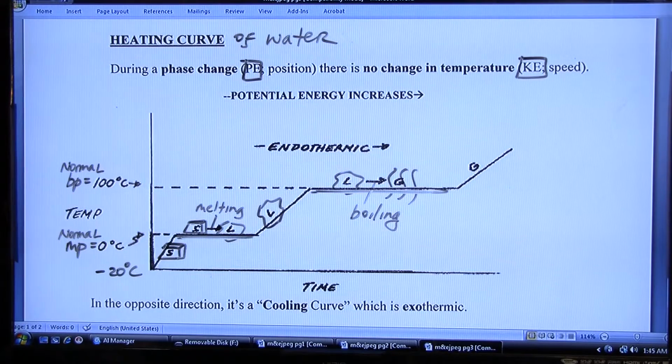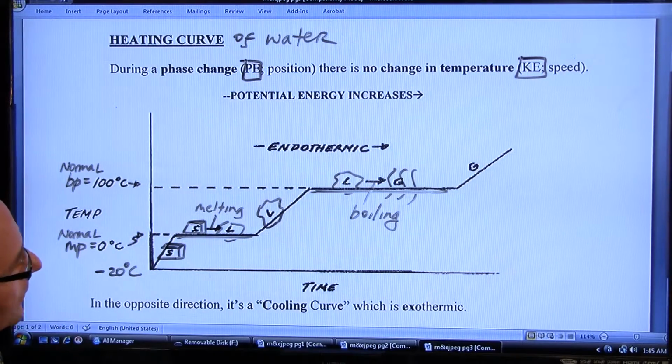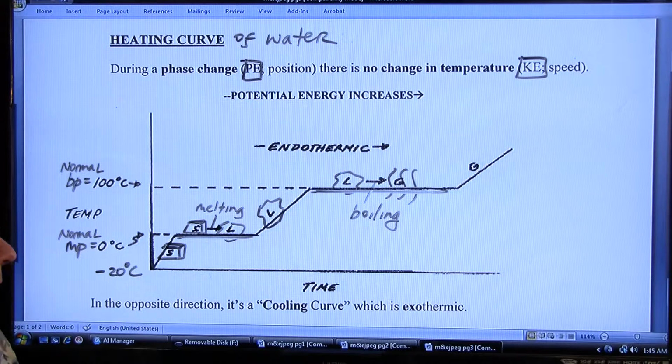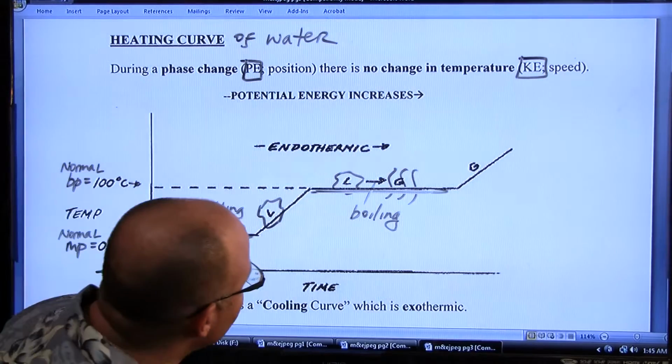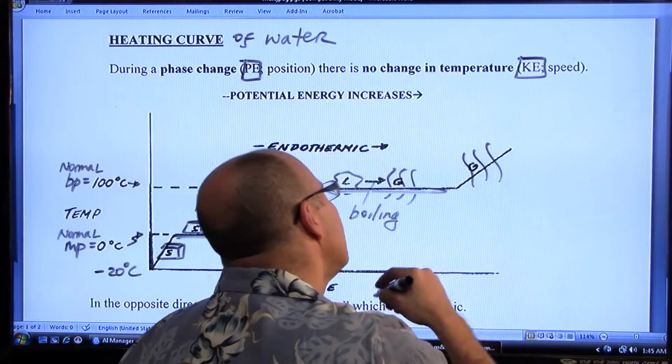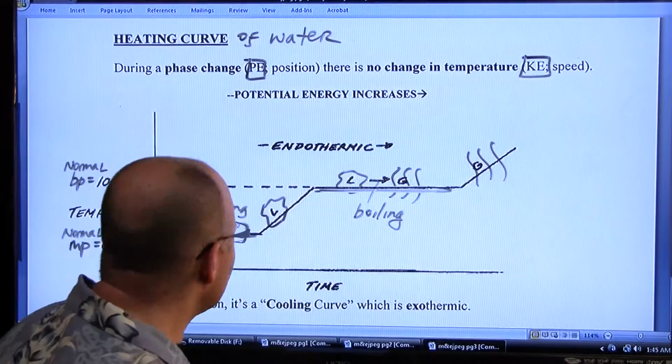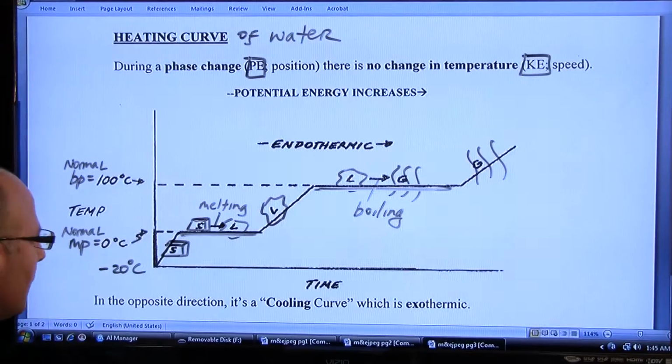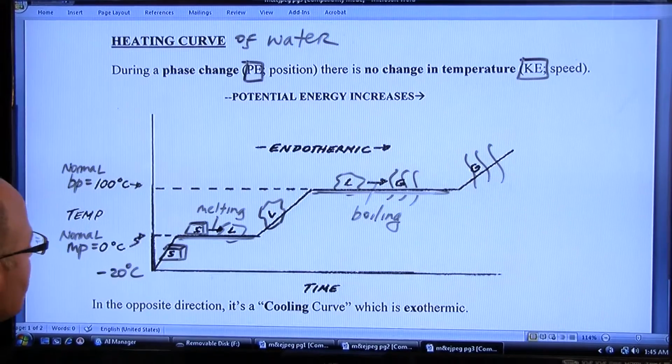So both melting and boiling are phase changes, which are changes in potential energy, not kinetic energy. And after all that water has boiled and formed steam, then that steam can get hotter and hotter depending upon its surroundings. And at some point it can decompose.